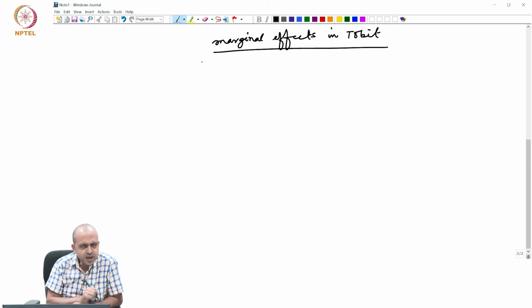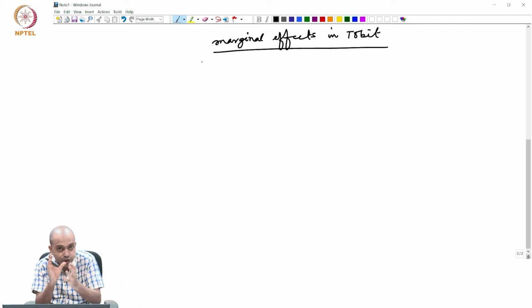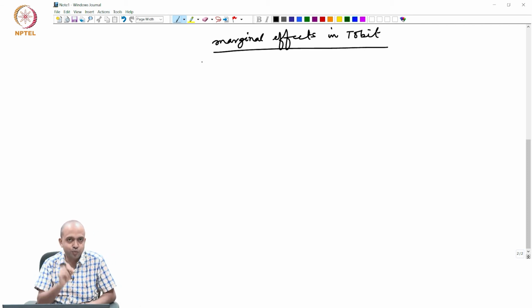If you recall, we said that the Tobit model is basically Tobin's Probit, that means a Probit model is built into the Tobit model.